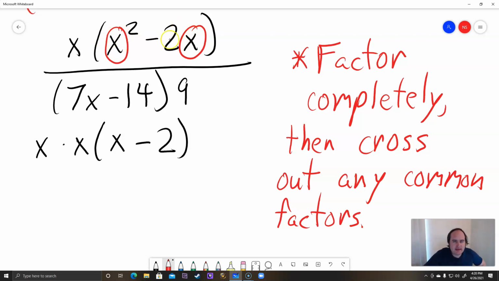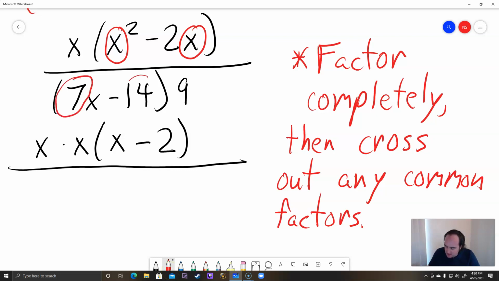So I factored out that x, and I was left with an x minus 2. Now what can we factor in the denominator? Well, in the denominator, we have 7x minus 14, and we can factor out a 7, because 7 is the biggest number that goes into both 7 and 14. So if we factor out a 7 in the denominator, we have 7 times x minus 2 times 9.